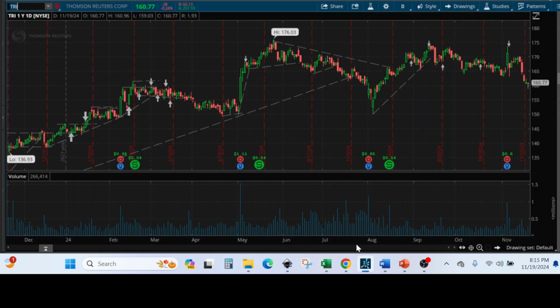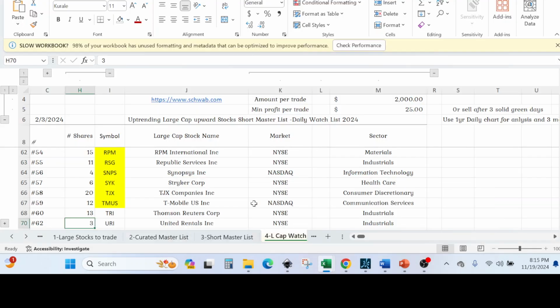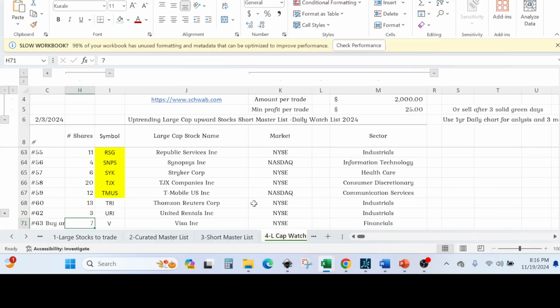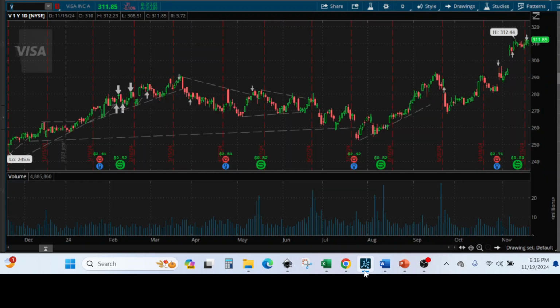URI, okay, we have the first green bar already. We leave it alone. V has 3 green bars there.